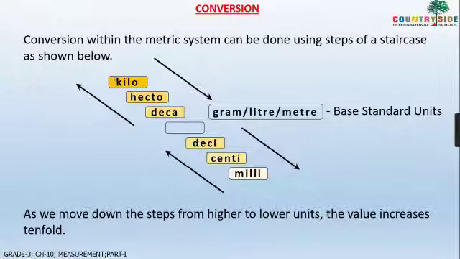Can you see here, the uppermost part is kilo, then hecto, then deca, and then here it is blank. Here you can take gram if you are measuring mass, liter if you are measuring capacity, and meter for length.